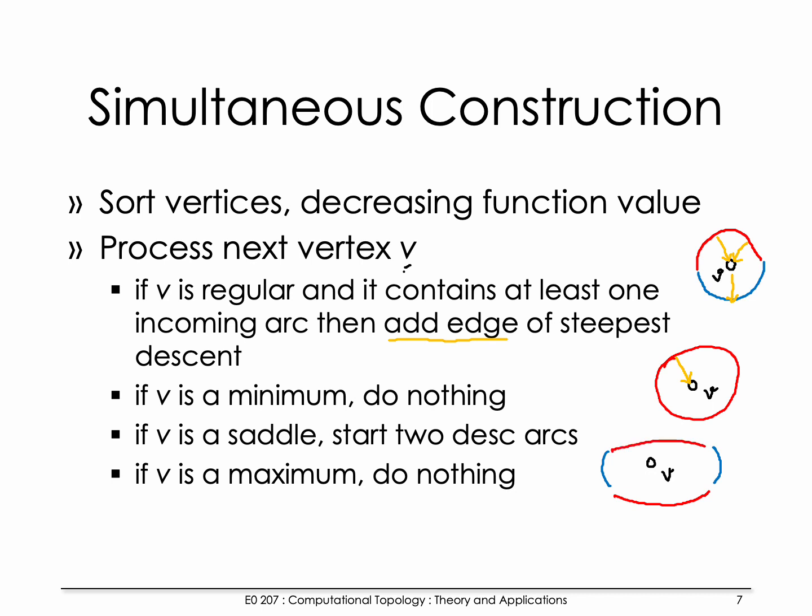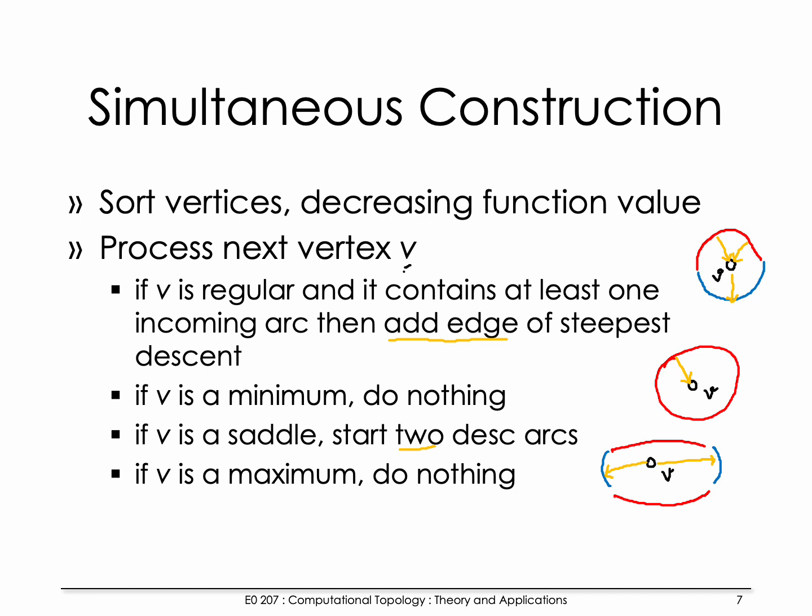It may not be a circle geometrically, and also I don't have space, so I make it an ellipse. In this case, you start two arcs in the lower star. And if V is a maximum, then you do nothing, because the descending arcs do not touch the maximum at all.